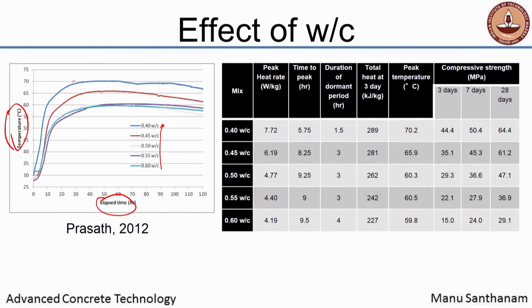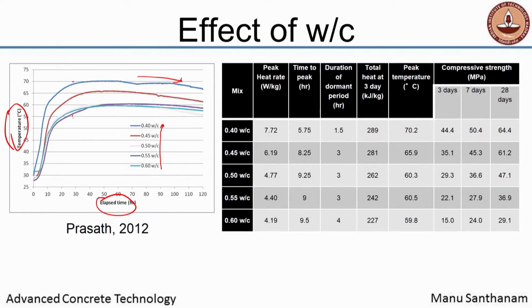So, top is 0.4 water cement ratio, the bottom is 0.55 and 0.6, not too much difference between 0.55 and 0.6, but at 0.4 water cement ratio, you are causing your heat to be significantly larger as opposed to the higher water cement ratios. So, you are getting almost up to about 70 degrees Celsius.